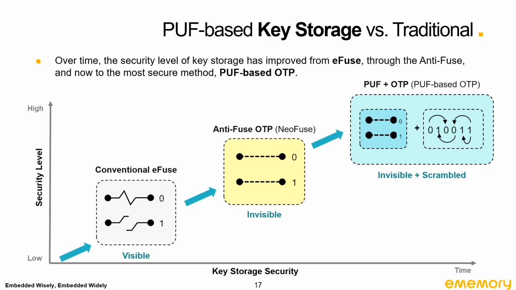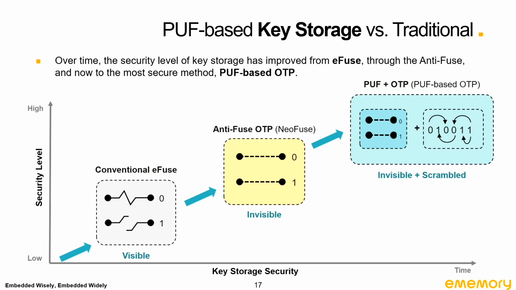First of all, eFuse works by burning of the fuse. eFuse requires the fuse burning to determine the key, whether it is 1 or 0. Please refer to page 17.